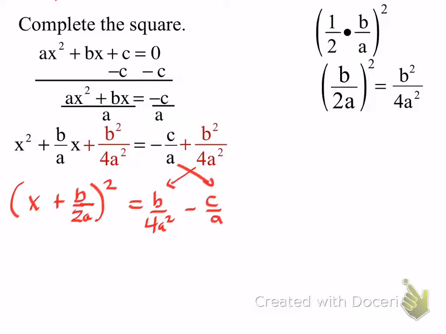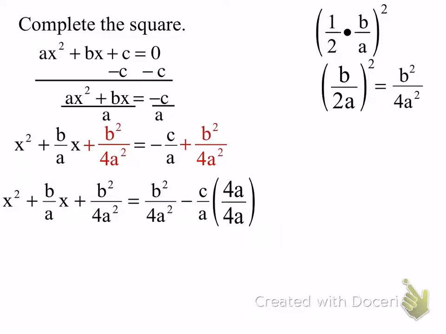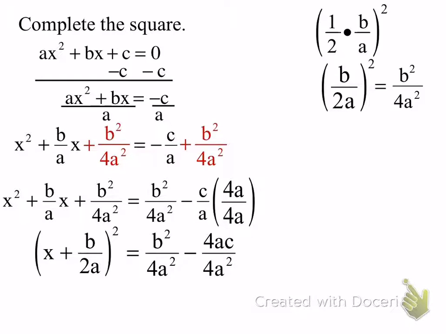Okay, are you with me? And we have that already factored. Now what I have here is b squared over 4a squared and 4ac over 4a squared.